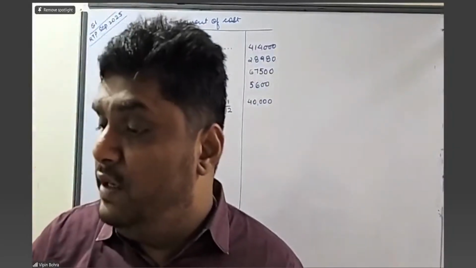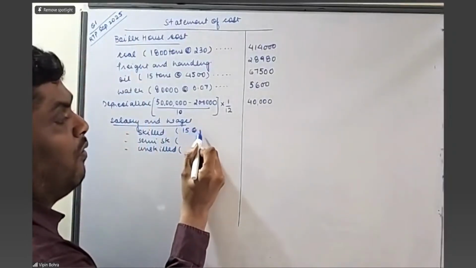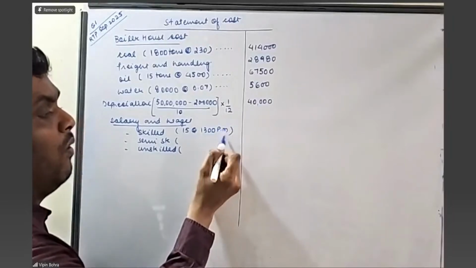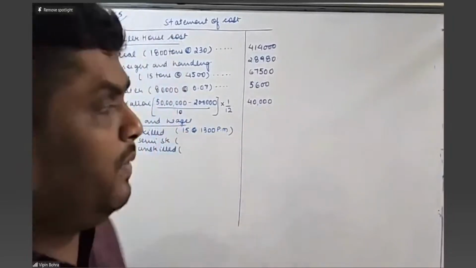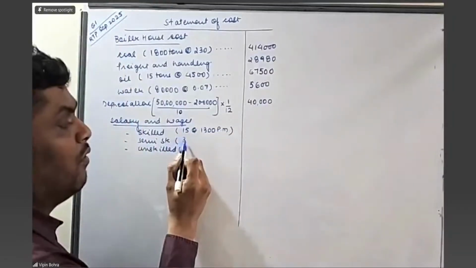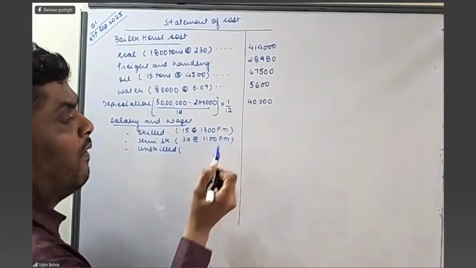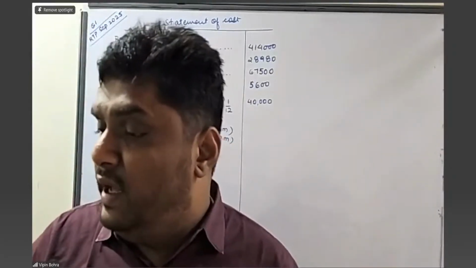So it is 15 into 1,300 per month. 30 at the rate 1,100 per month. And when talking about unskilled, it is 50 at the rate 900 per month.